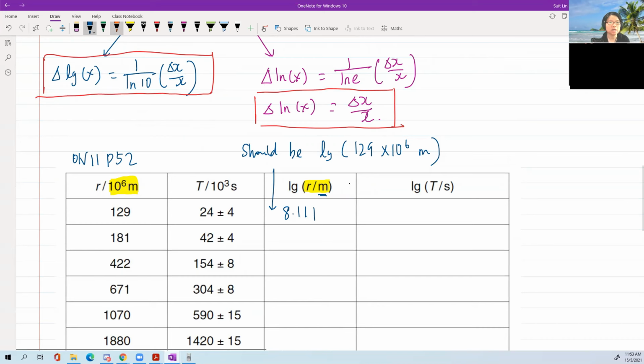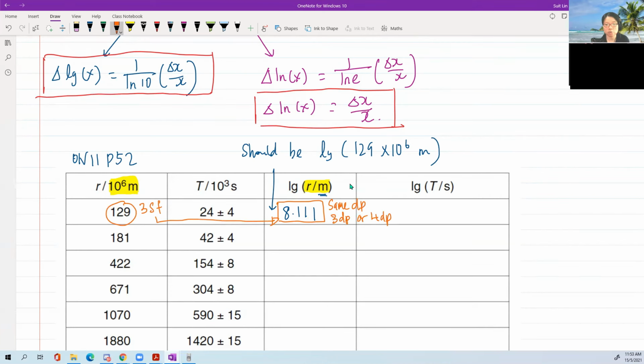Second thing about this is, this one is 3SF. So when you transfer over to here, this is very weird, it will be same DP. So this must be 3DP or 4DP.